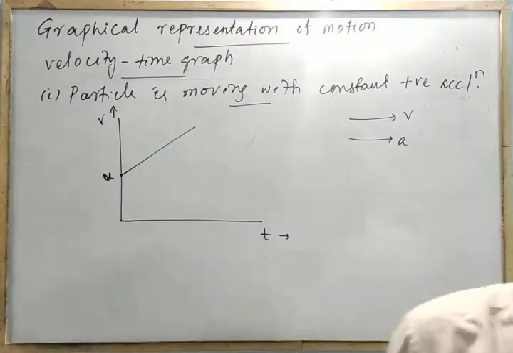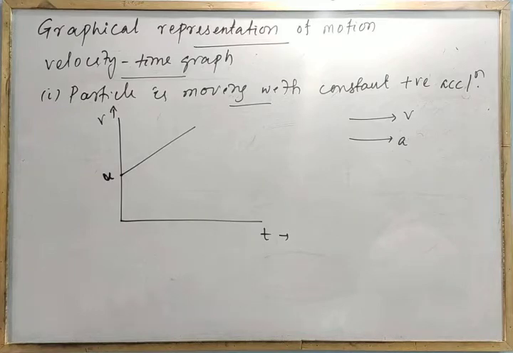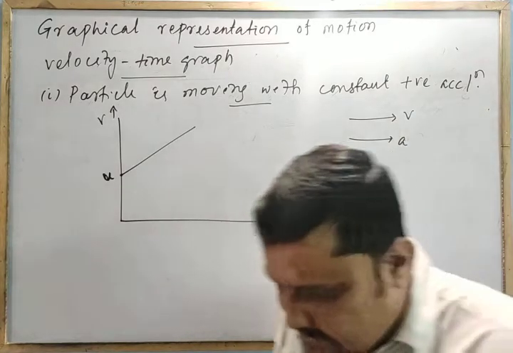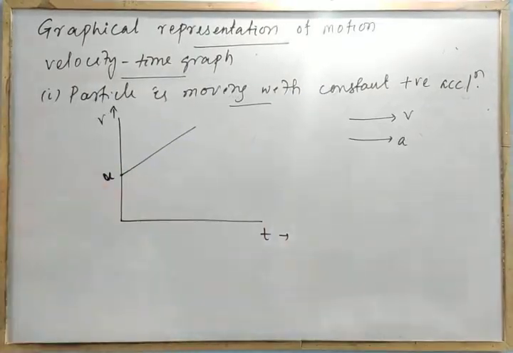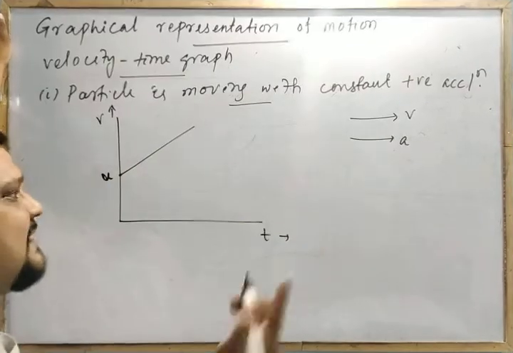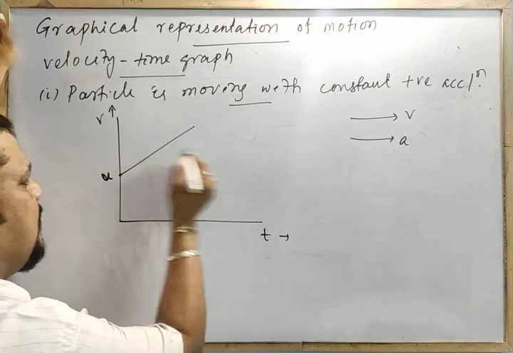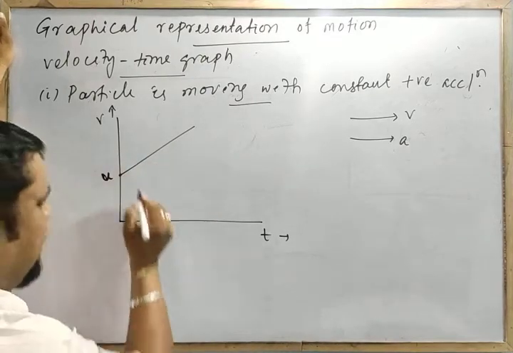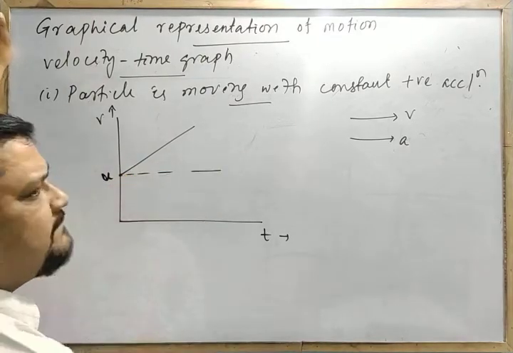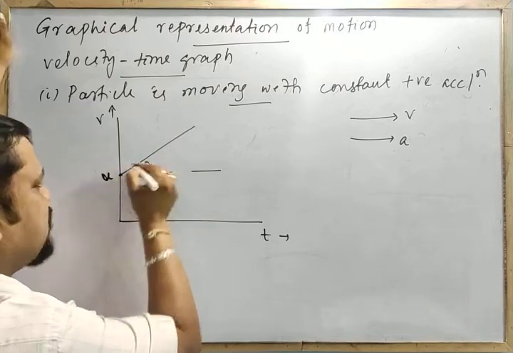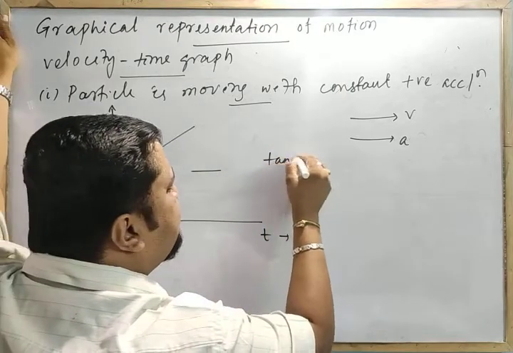Then in that case, what will you find here? The slope of the velocity time graph. What is the slope of this velocity time graph? Draw a line like this parallel to this one. Suppose this is theta. Slope means what? Tan theta.